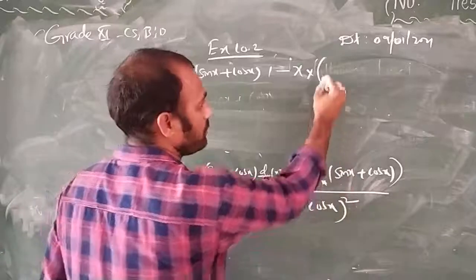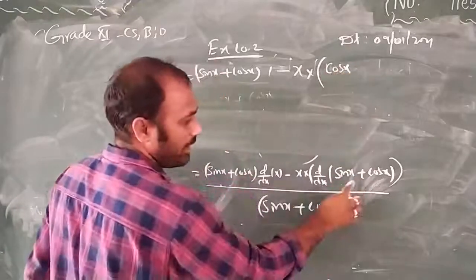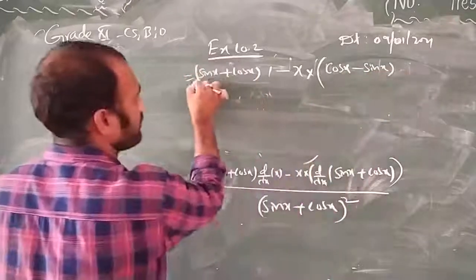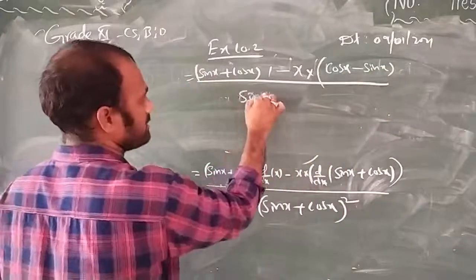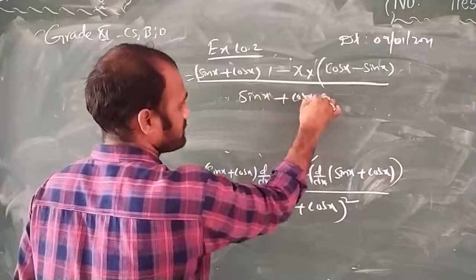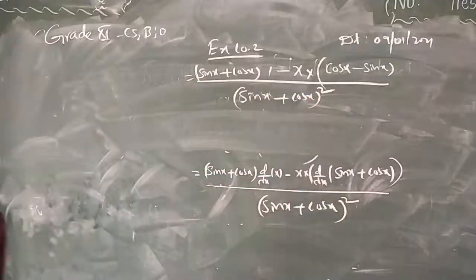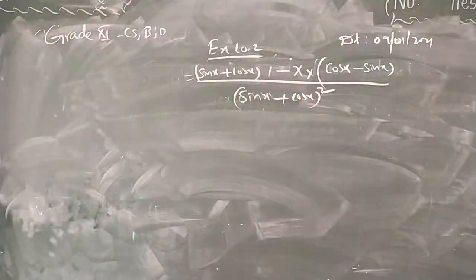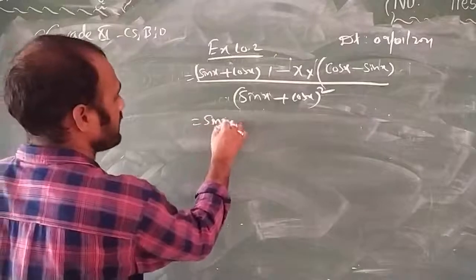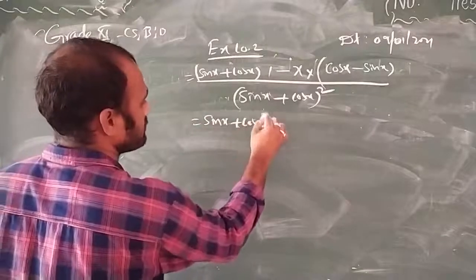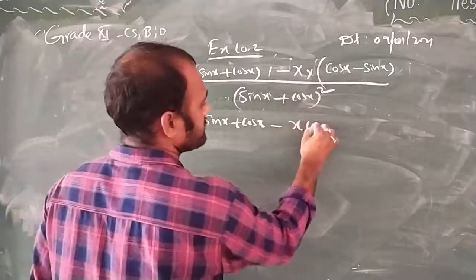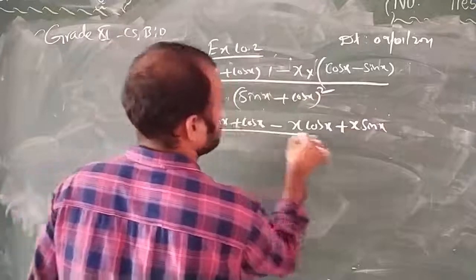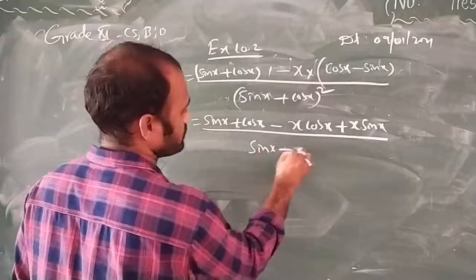Derivative of sin x, we know that it is cos x, and derivative of cos x, we know that it is minus sin x, divided by sin x plus cos x whole square. So this is sin x plus cos x minus x cos x plus x sin x, over sin x plus cos x whole square.